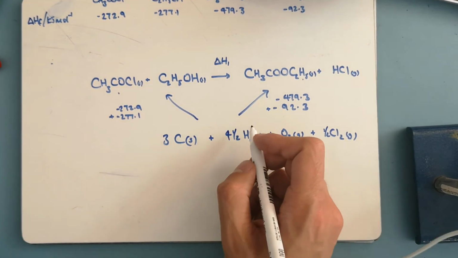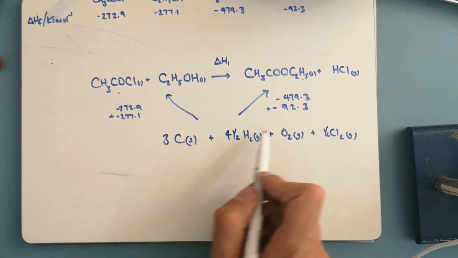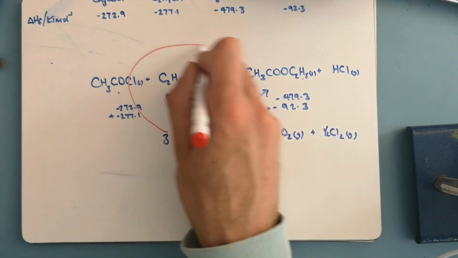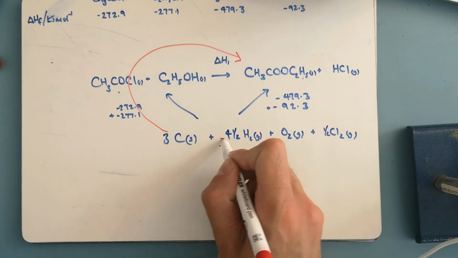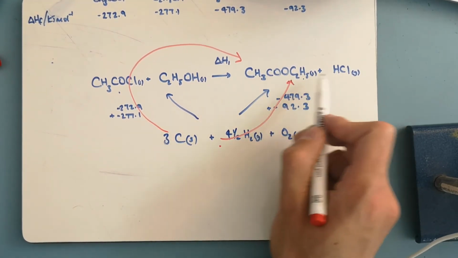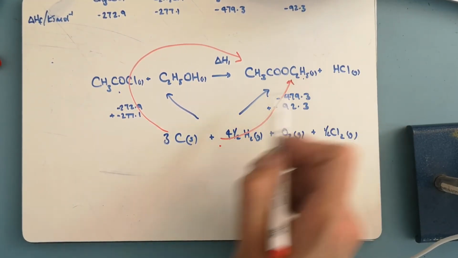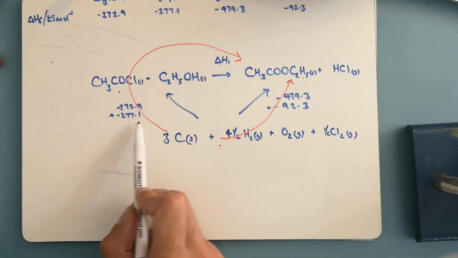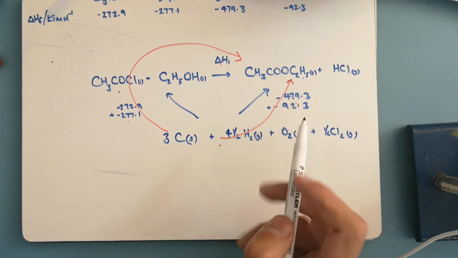So again, looking at the arrows, I can see, starting from here, I can go this way, or I can go this way to those products. And if I add this and this, that's going to equal this over here.